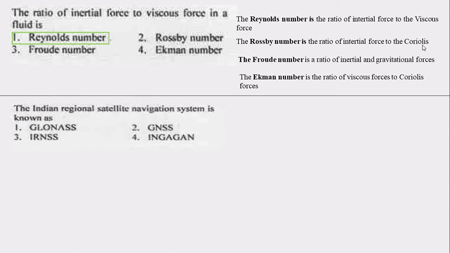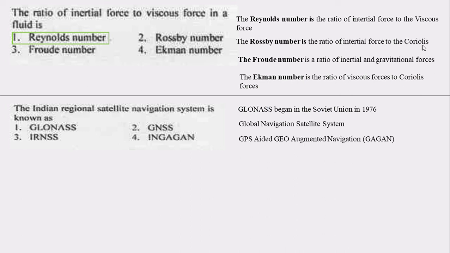And the next question is that the Indian regional satellite navigation system is known as. So the GLONASS is the Soviet Union's navigation system, and GNSS is the global navigation satellite system. So these two will not be the answer. And GAGAN is the GPS Aided Geo Augmented Navigation, so that will not be the answer.